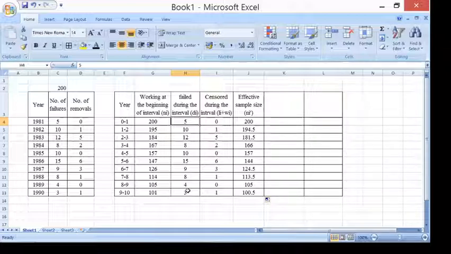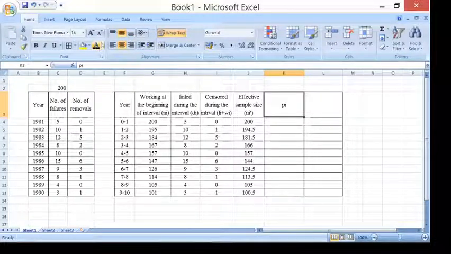So out of 20, only 15 survived. So 15 divided by 20 will be the probability of surviving through that interval. The probability of not surviving is 5 divided by 20, so 1 minus 5 divided by 20 is the probability of surviving. So we'll be calculating that probability.